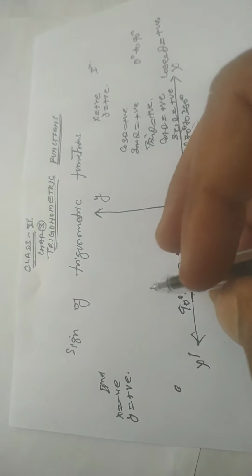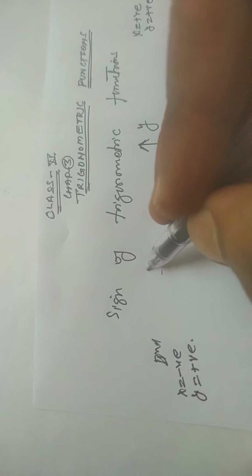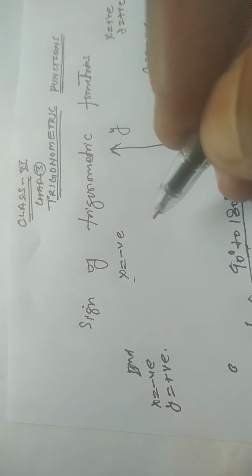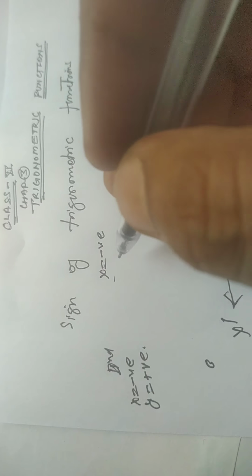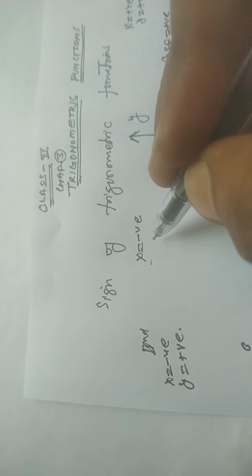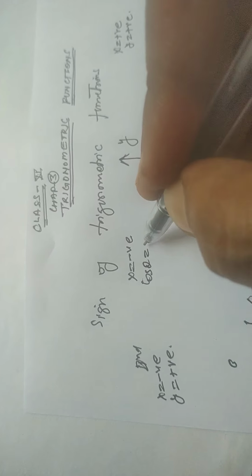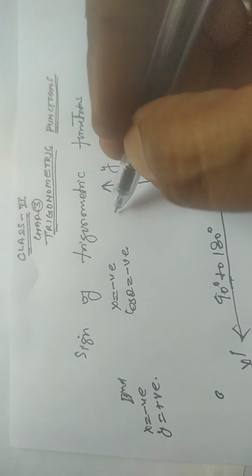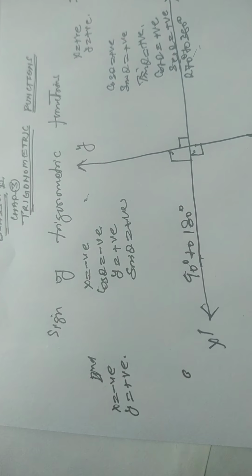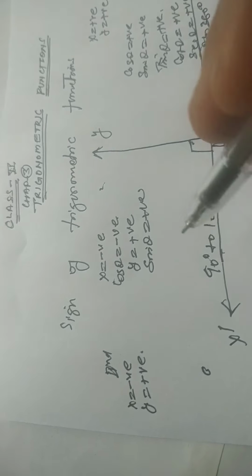Now check the second quadrant. Here x is negative, and we know that x refers to cos theta, so cos theta is negative. And y is positive, which refers to sin theta being positive. In the second quadrant, cos theta is negative, sin theta is positive.